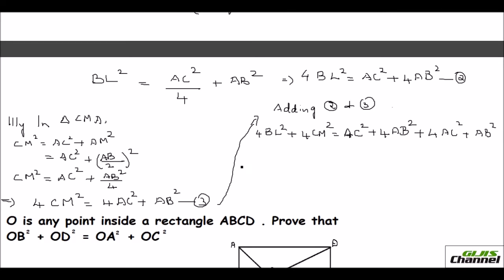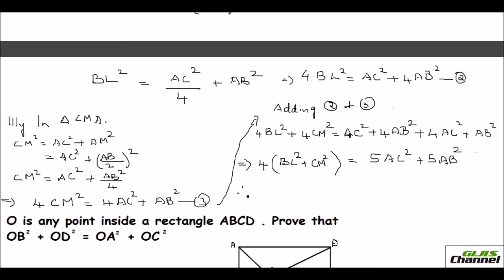So this, I can just take the 4 out in common from the left hand side. So I will have 4 times BL square plus CM square is equal to 5 AC square plus 5 AB square, right? So AC square plus AB square is your BC square.